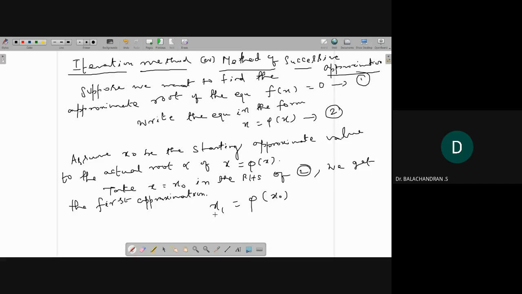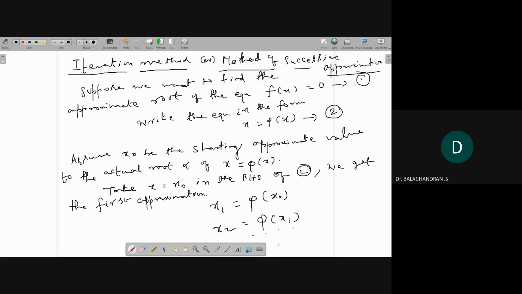Now again take x is equal to x1 on the right hand side of equation 2. You will get x2 is equal to phi of x1. Similarly, x3 equal to phi of x2.